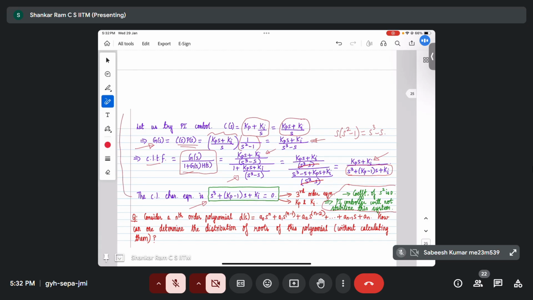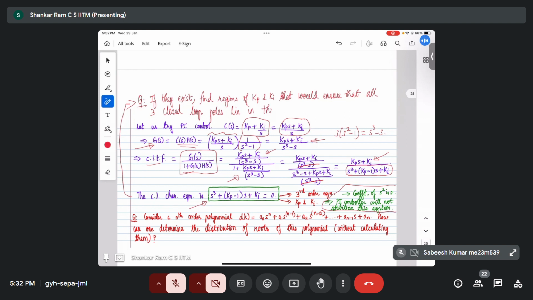So the question that we asked is: if they exist, find regions of Kp and Ki that would ensure that all three closed loop poles lie in the left of the complex plane.